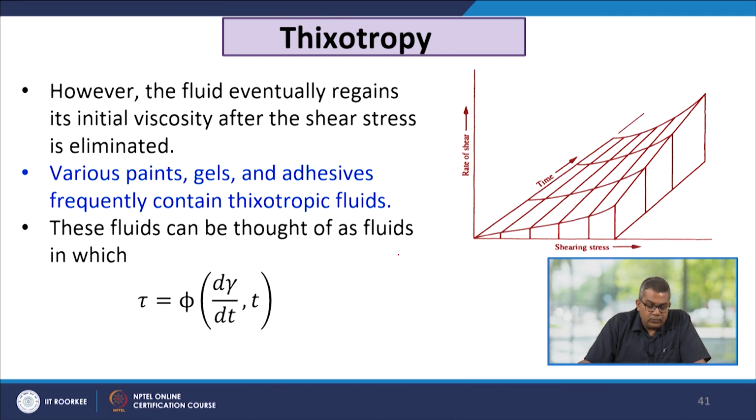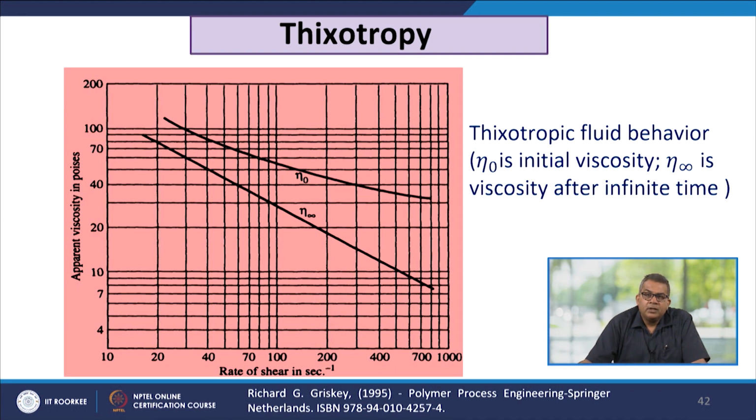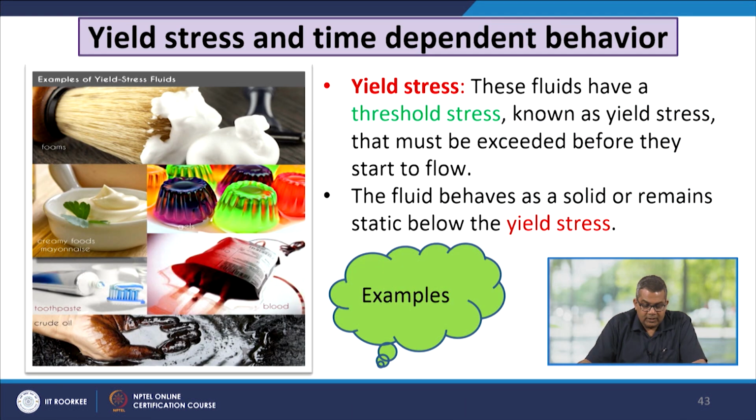However, the fluid eventually regains its initial viscosity after the shear stress is eliminated. Various paints, gels, and adhesives frequently contain thixotropic fluids. These fluids can be thought of as fluids in which tau is equal to phi d gamma over dt in T. This is the thixotropic fluid behavior, where eta is the initial viscosity and eta infinity is the viscosity after infinite time. So this is the generalized graph of rate of shear versus apparent viscosity.